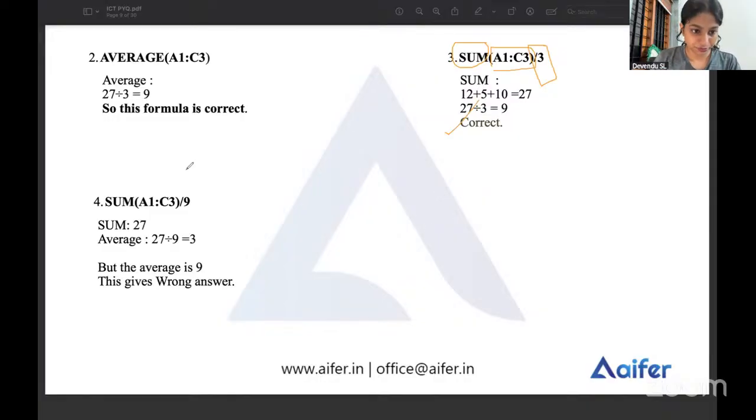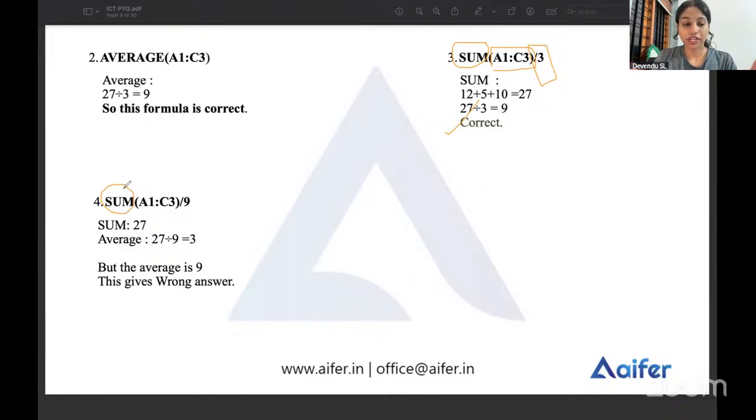When we look at the fourth formula, they have given the command as sum of the same range, A1 to C3.